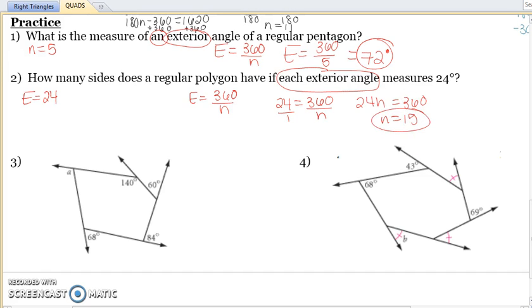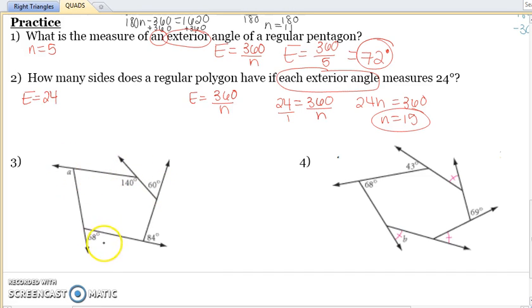So number 3 and 4 are really similar. I'm going to model number 3, and then I'm going to have you do number 4 on your own for practice. And then you'll just get checked off after these notes. So for number 3, these angles outside of our regular polygon are exterior angles.